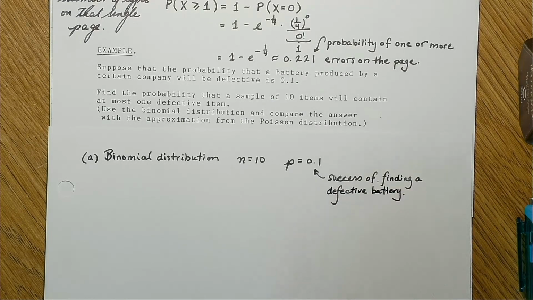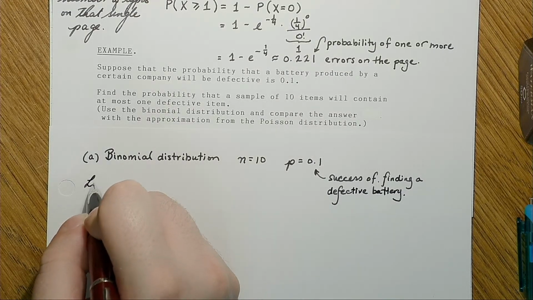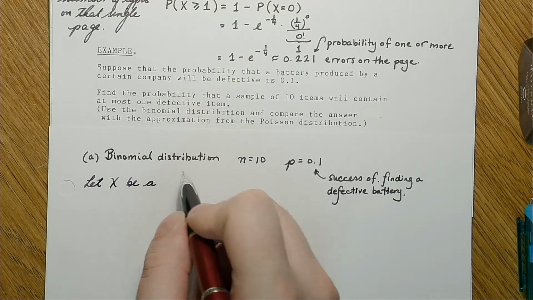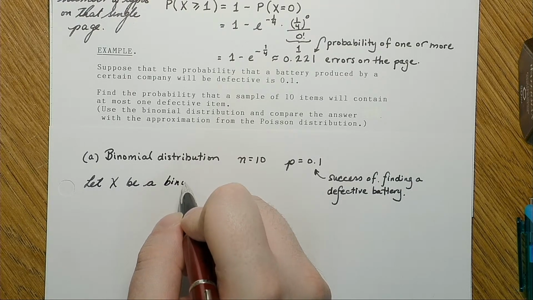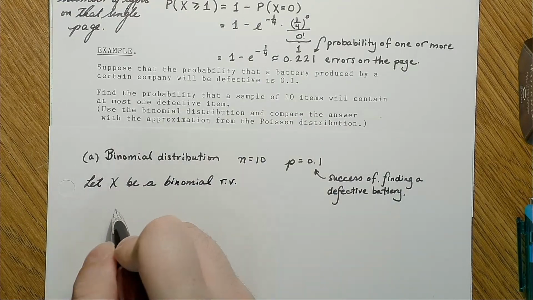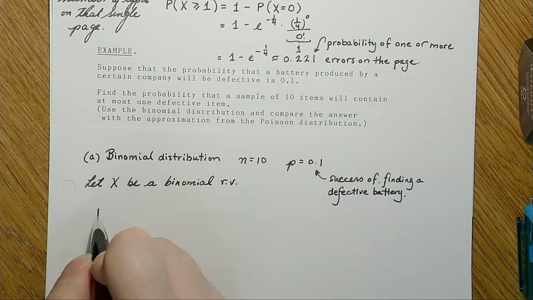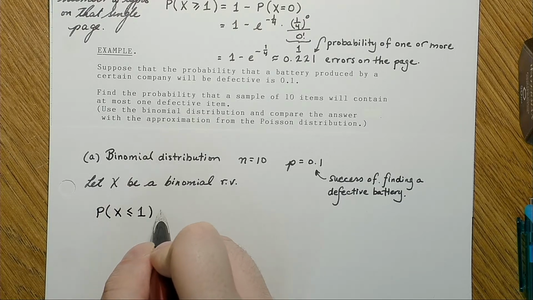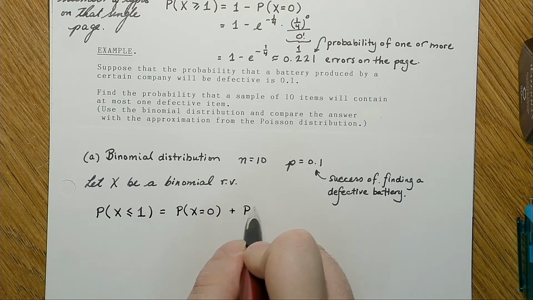So if we let x be a binomial random variable, then what we want is the probability that the sample will contain at most one defective. So the probability that x is less than or equal to 1. That means the probability of x equals 0 plus the probability that x equals 1.